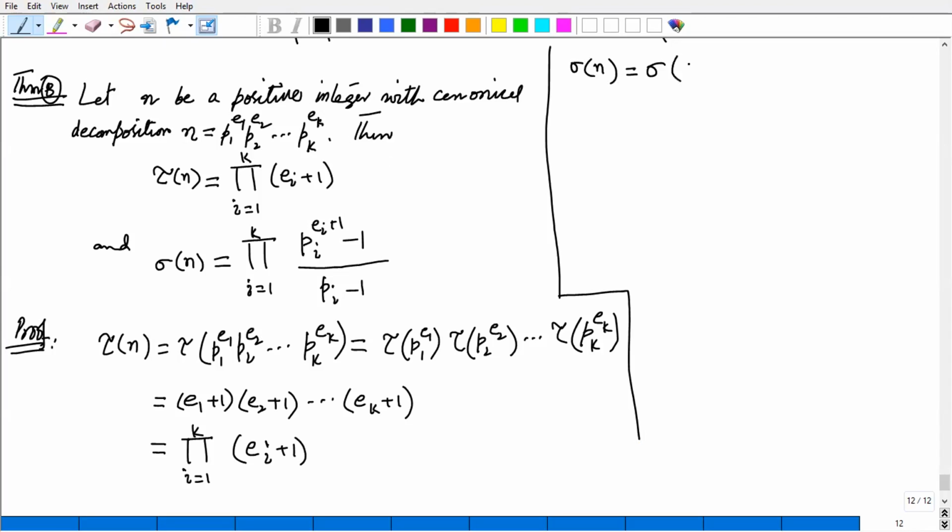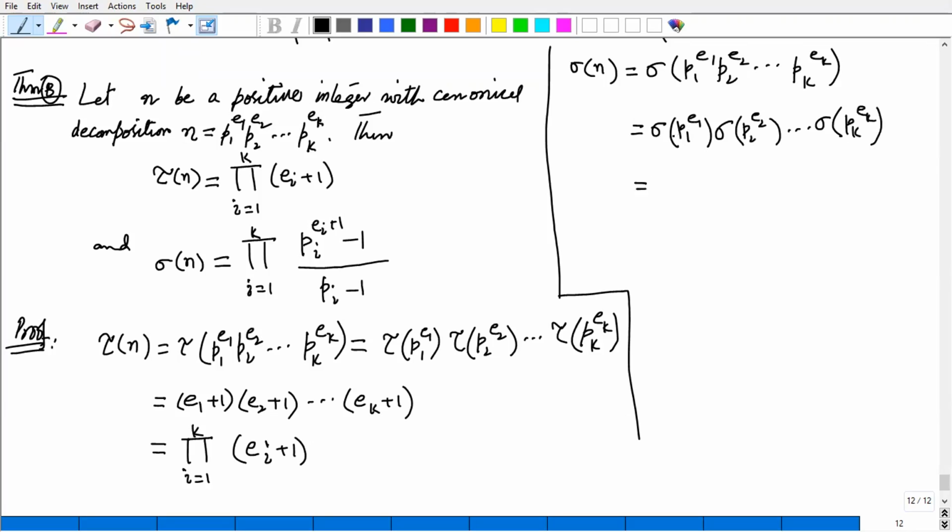So sigma on p1 to the power e1, p2 to the power e2, till pk to the power ek is equal to sigma on p1 to the power e1, sigma on p2 to the power e2, till sigma on pk to the power ek. We apply sigma individually on each power of prime.